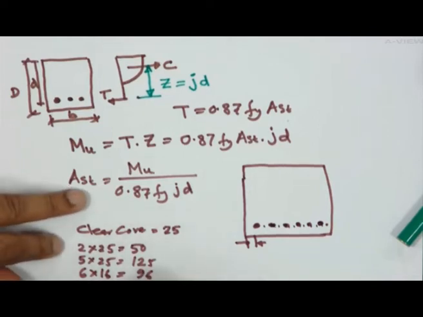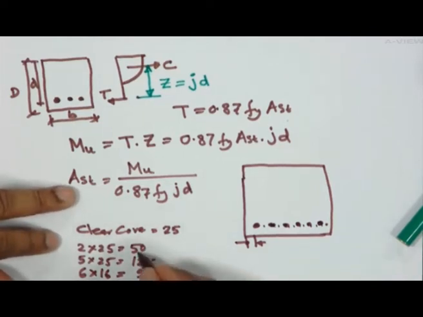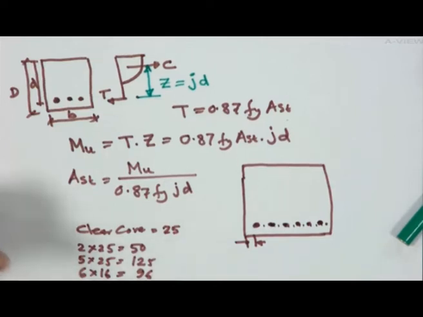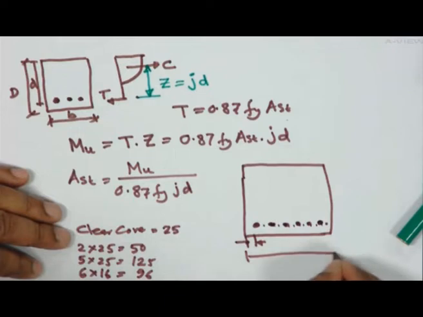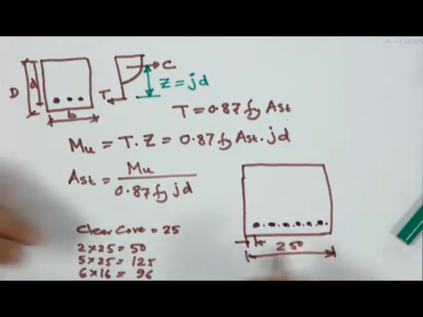I am getting 271 millimeter. So please note that I have got 271 millimeter, but what is the width of the beam we have chosen? That is 250 millimeter. So shall I provide one bar outside?